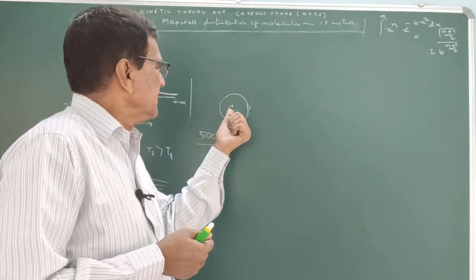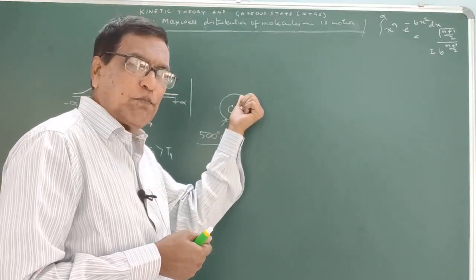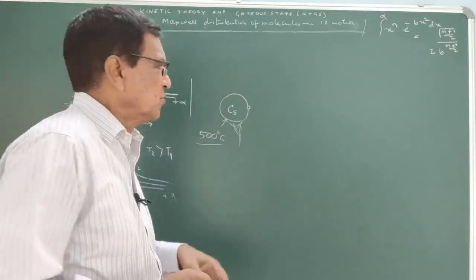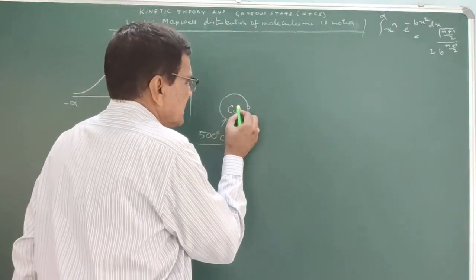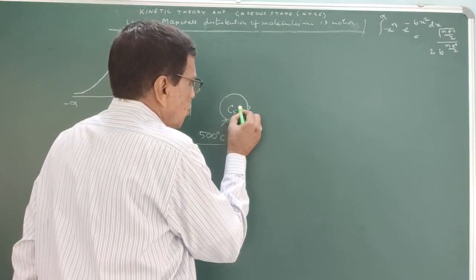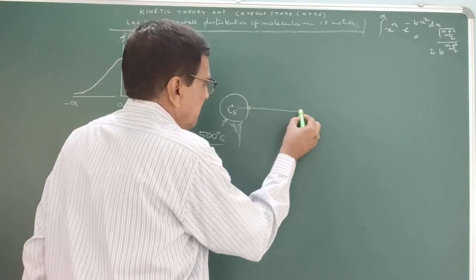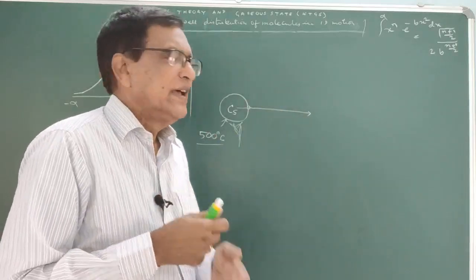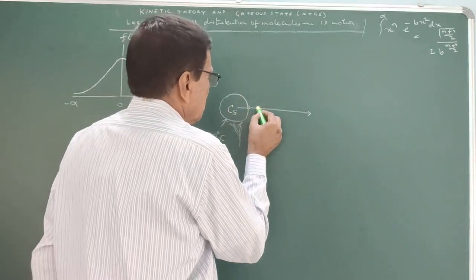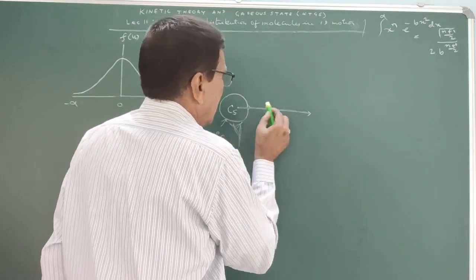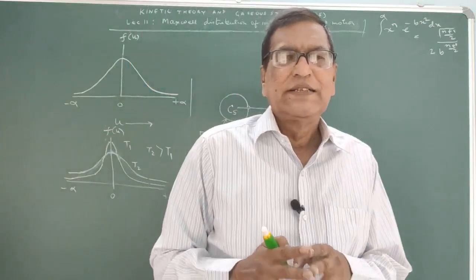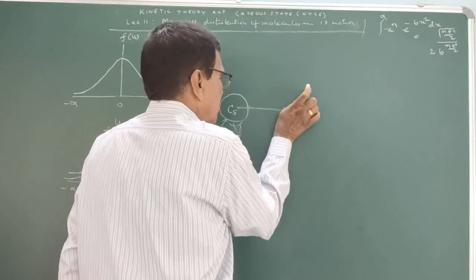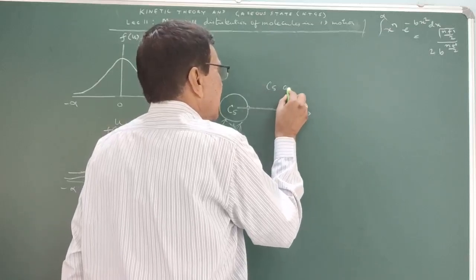But whenever it is striking the wall of this globe, it rebounds. But whenever it is moving and just striking this hole, it is escaping from this hole. And several cesium atoms will escape from this hole and will form the atomic beam. This is the cesium atomic beam.